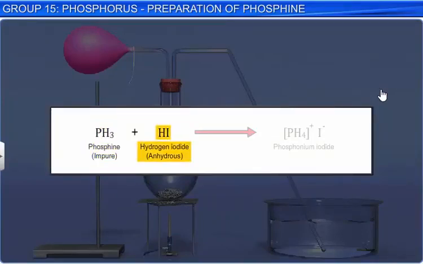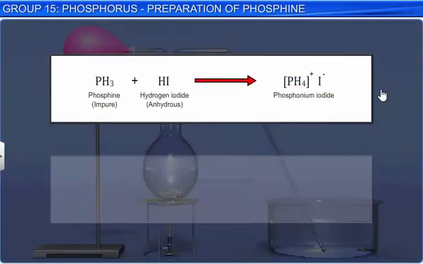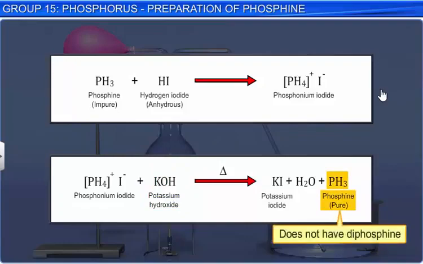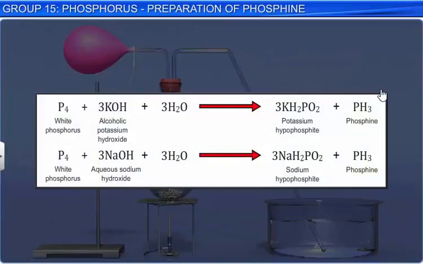The phosphine obtained in the process is purified by absorbing it in anhydrous hydrogen iodide that forms phosphonium iodide. This, on heating with potassium hydroxide, evolves phosphine gas that does not have diphosphine.